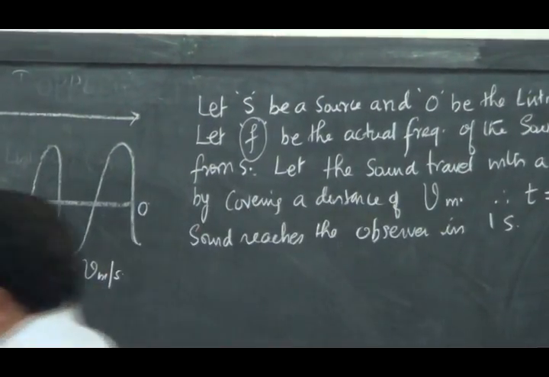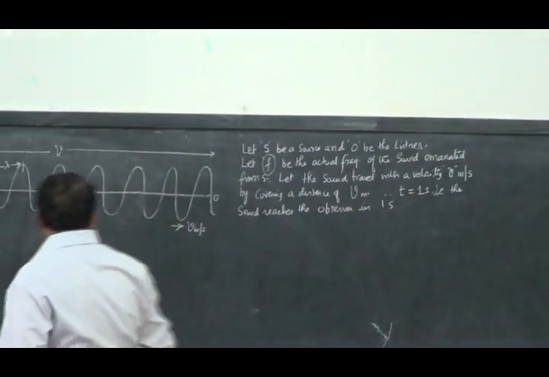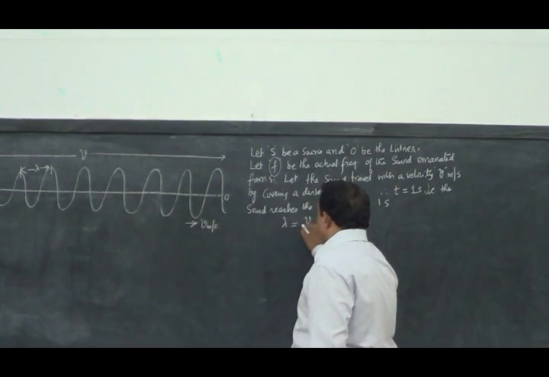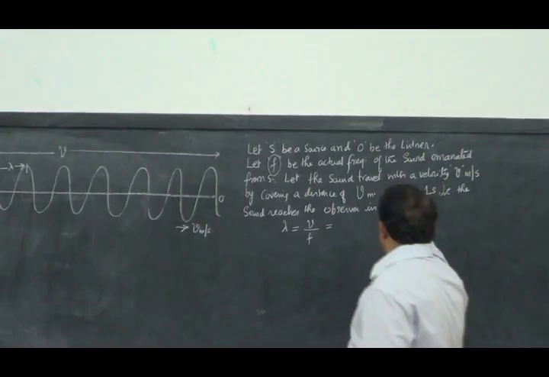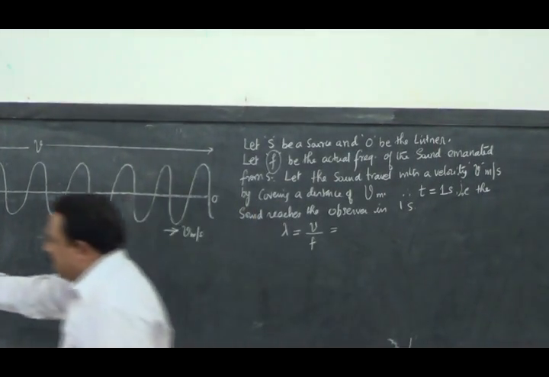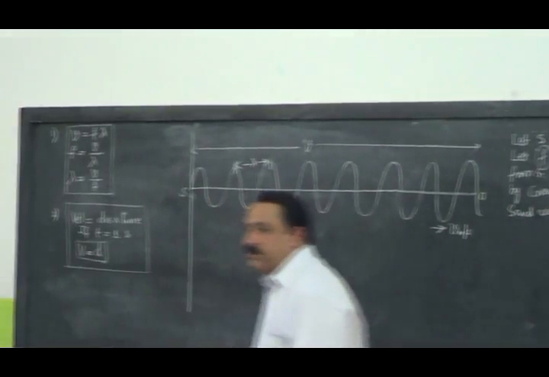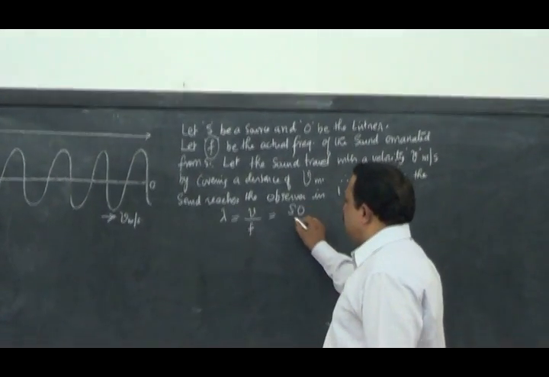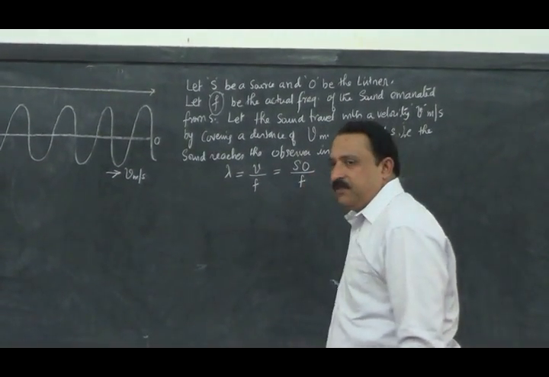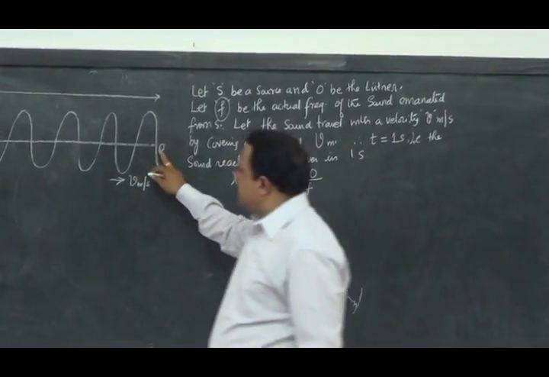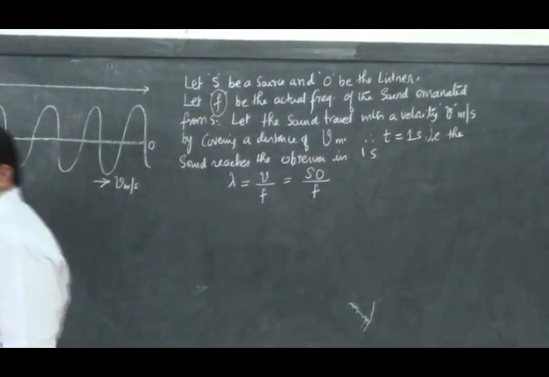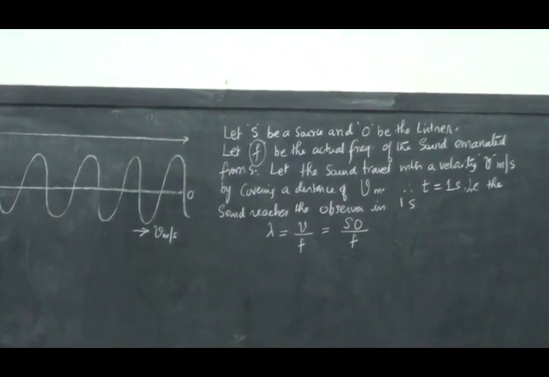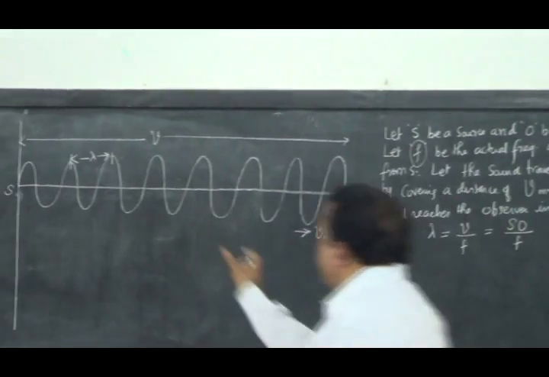Now I use this formula. We know that lambda is equal to V by F. If t is equal to 1 second, in this type of situation we can replace V by the distance. The distance it has travelled is S4 by F. What is the distance d? V is denoted by S4. So lambda is this value.